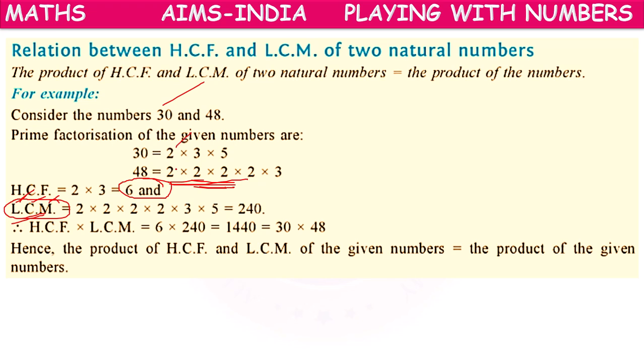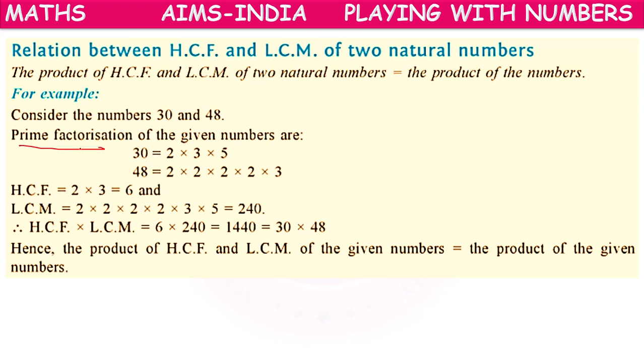Here 2 one time, here 2 four times, so greatest number of times, 4 times we have to take. 3 one time, one time, greatest is 1 time. 5 one time, 0 times, greatest is 1 time. We write all the factors the greatest number of times and multiply them. Then we get 240, which is the LCM of 30 and 48.